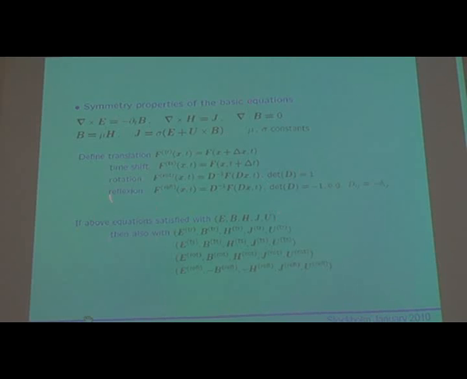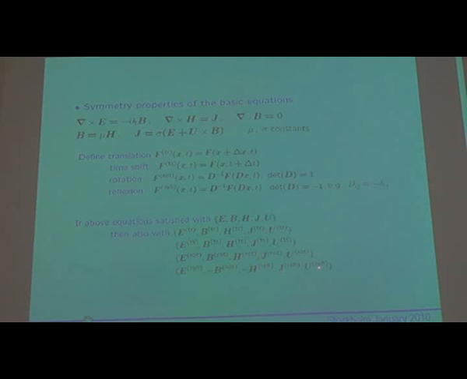And now the Maxwell equations have the following property. If they are satisfied with a set E, B, H, J, U, then they are also satisfied with translated fields. They are also satisfied with the time-shifted fields.